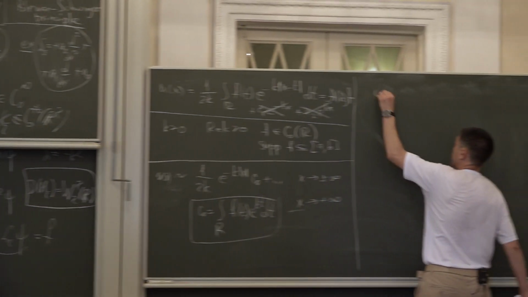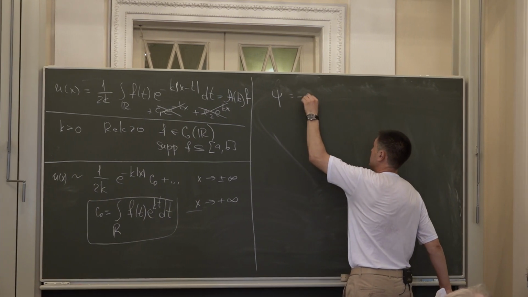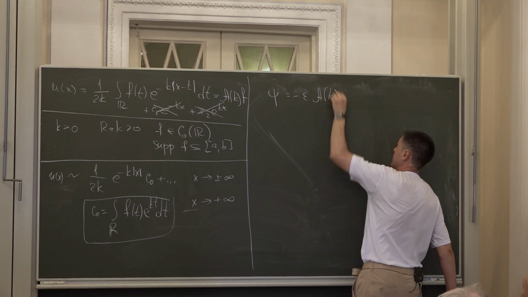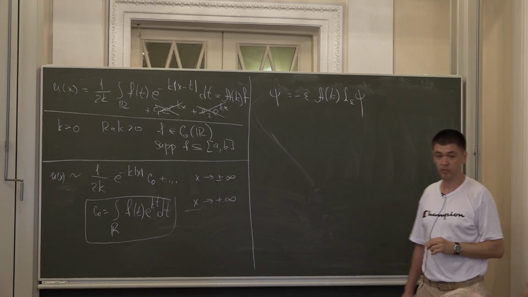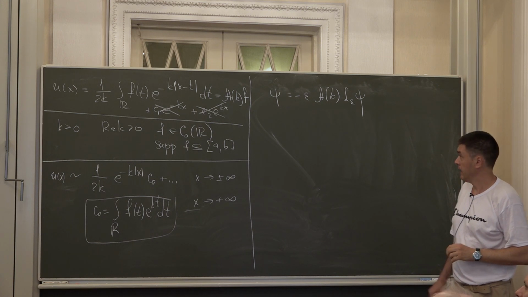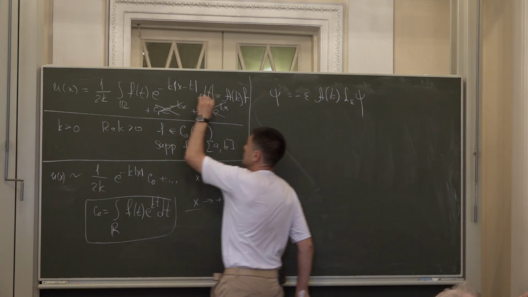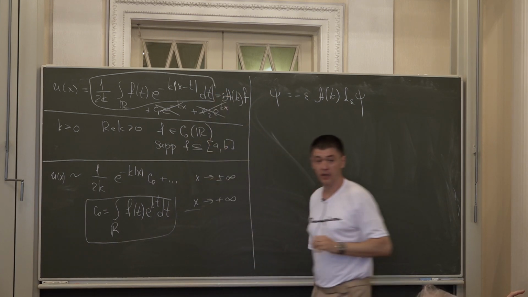I can say that psi is equal to minus epsilon A of k L epsilon of psi. A of k, it's this integral, so I just denote it by A of k.